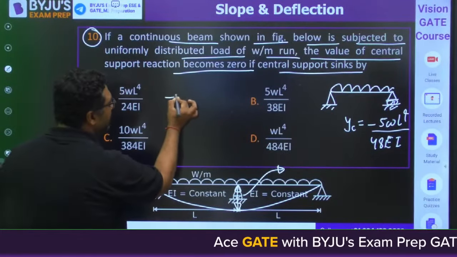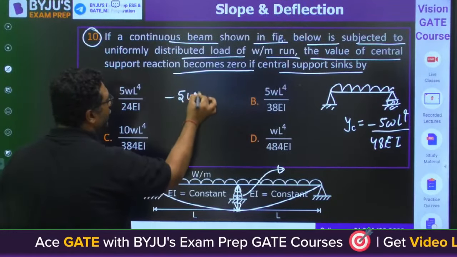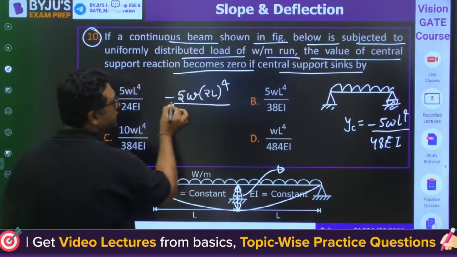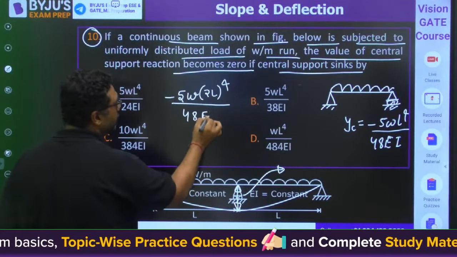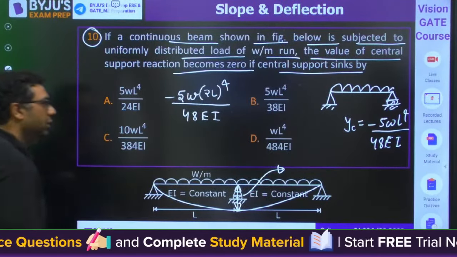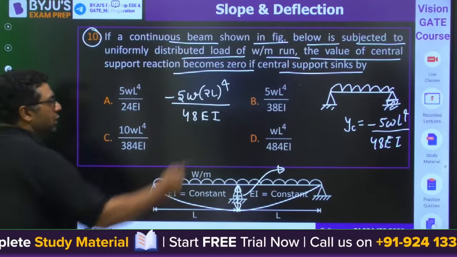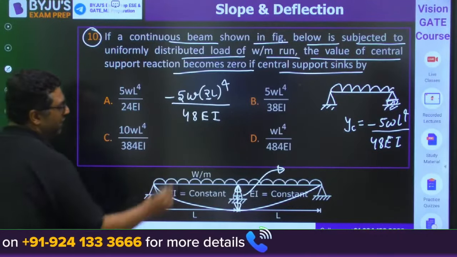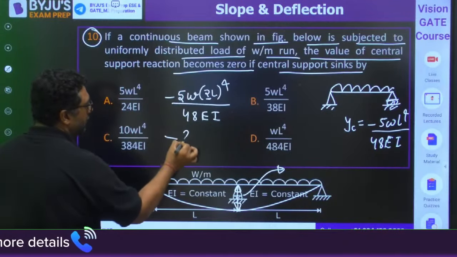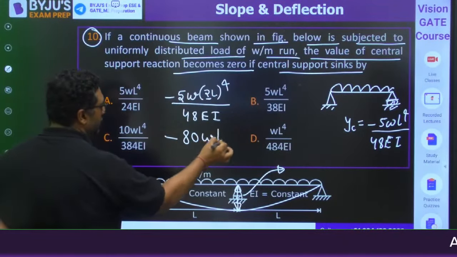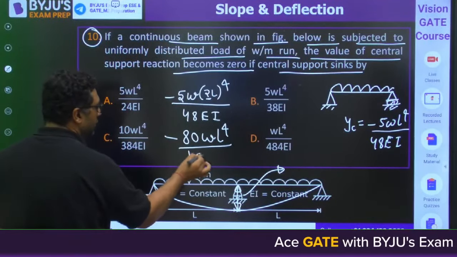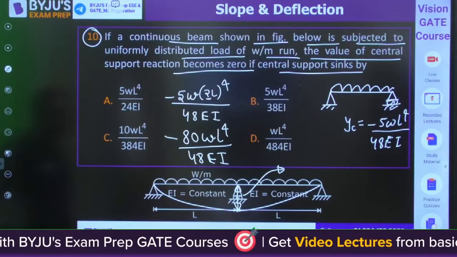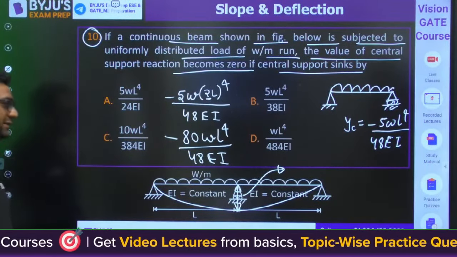So can we write minus 5W? Length is 2L. 2L to the power 4 upon 384 EI. What is 2 to the power 4? 2 to the power 4. 16 5 is 80. Yes.